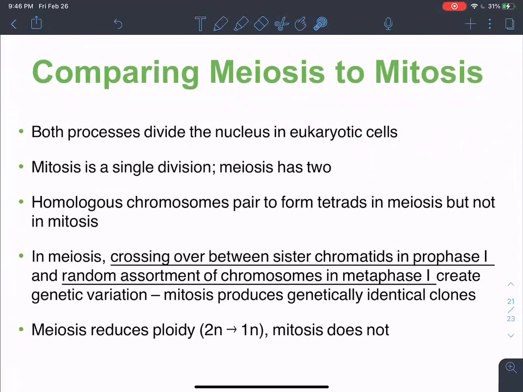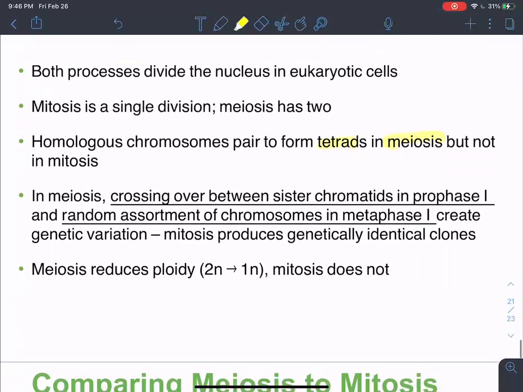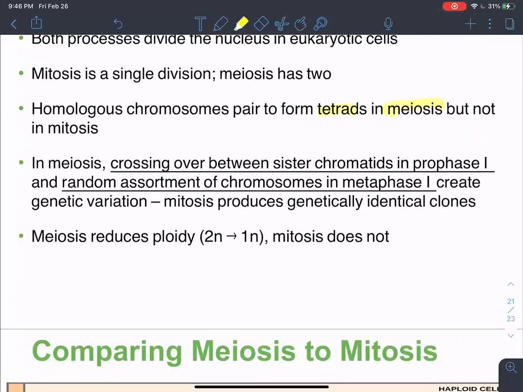So we don't get this homologous chromosomal pair alignment to form a tetrad during mitosis, only in meiosis. In meiosis, crossing over between chromatids happens during prophase 1, and this is a big thing, and then the random assortment of chromosomes in metaphase 1 creates the genetic variation.